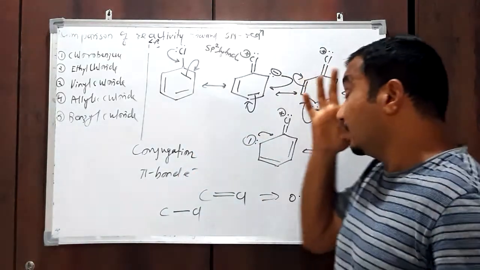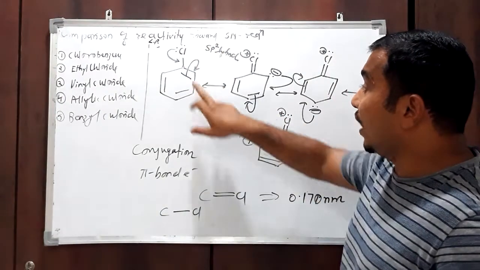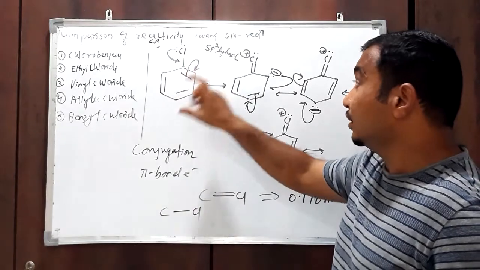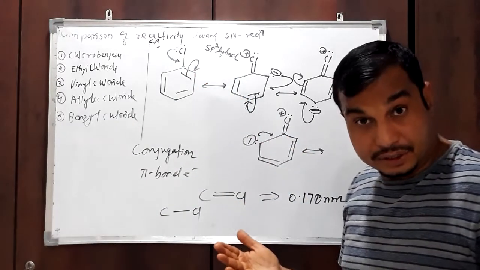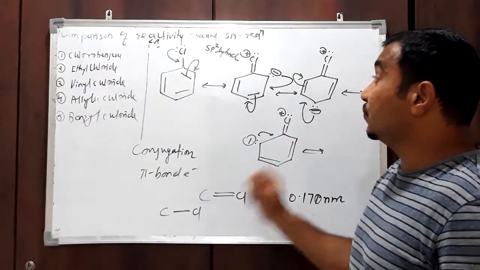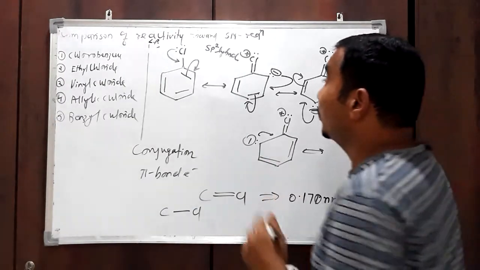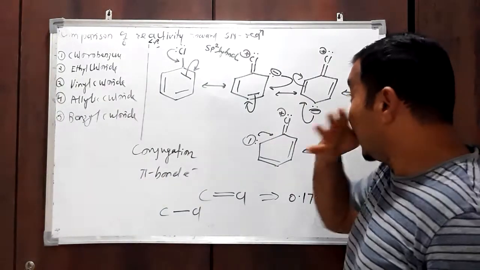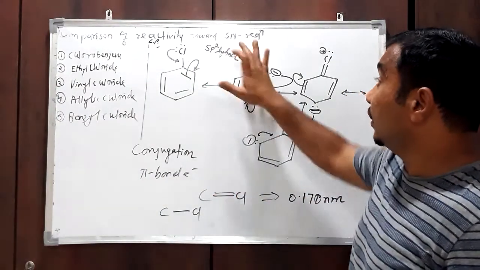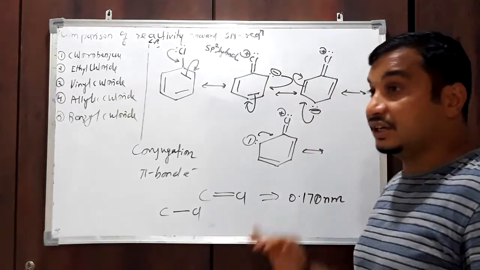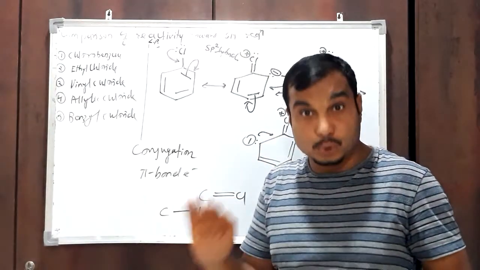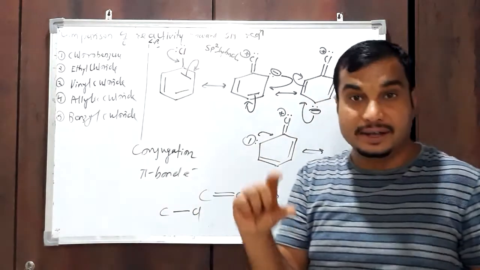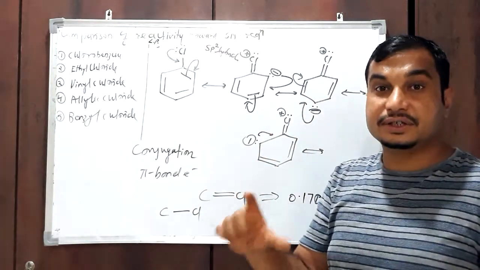So definitely more energy is required to break the bond between the carbon atom and chlorine atom. It is somewhat difficult to replace or break this bond by another nucleophile. This means the reactivity of chlorobenzene in nucleophilic substitution reaction is lower.